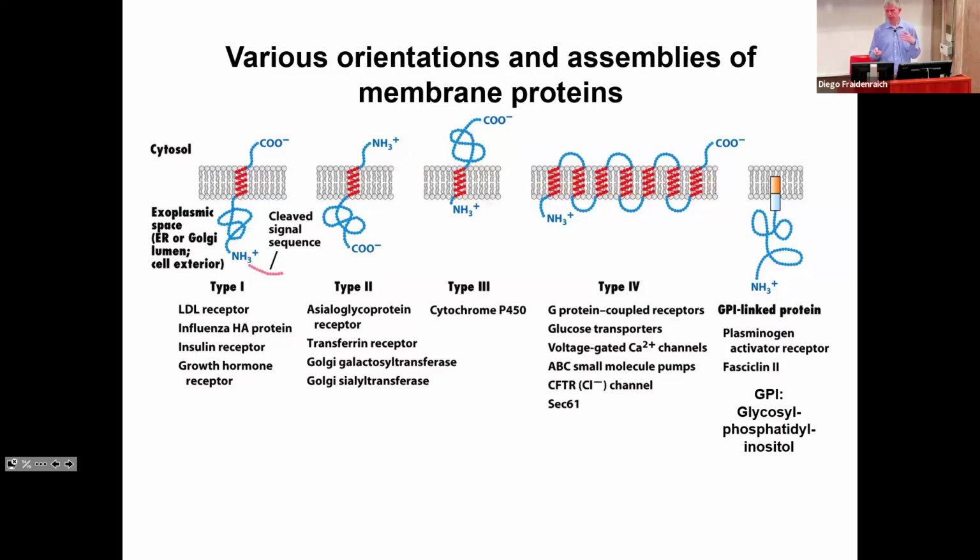Many protein complexes that are sitting, for example, in the ER or plasma membrane, would pump certain ions through the membrane. They would look like this here with multiple membrane spanning domains. There would be, for example, voltage gated calcium channels. Don't need to memorize this.